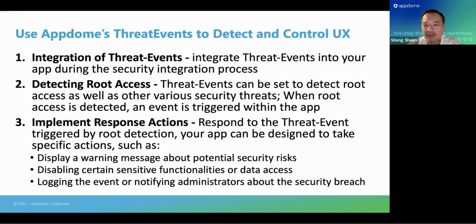The implementation of the response can be customized by you as the developer. So when this gets triggered by root detection, for example, you can design the action to take. You can display a warning message to your users about the potential security risks of running on a rooted device, making sure that you're transparent with the user.